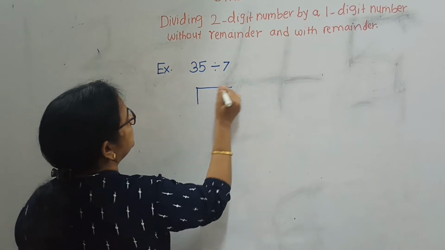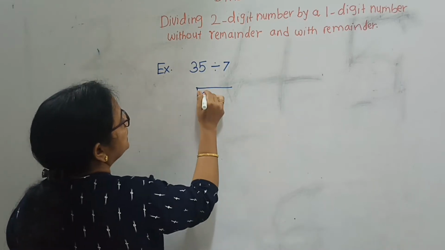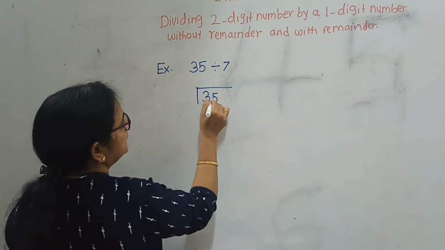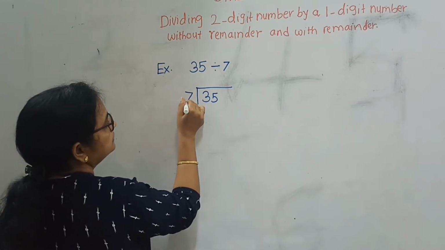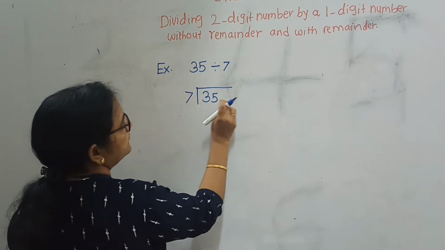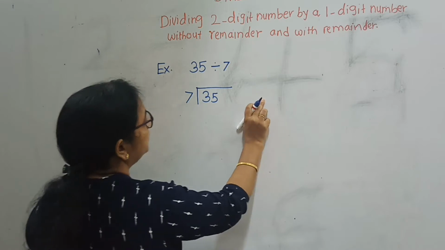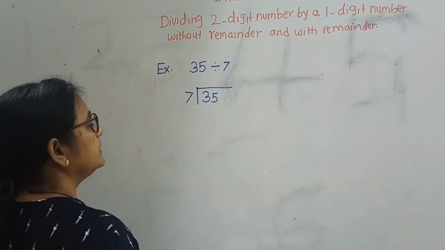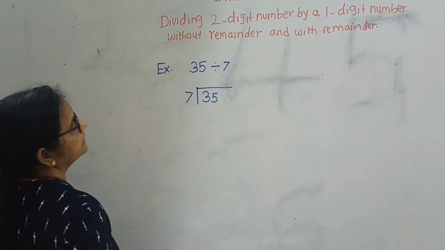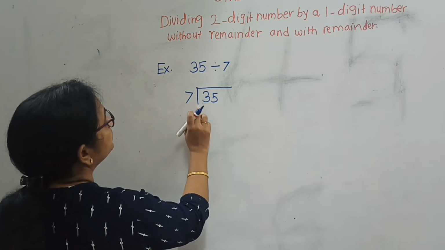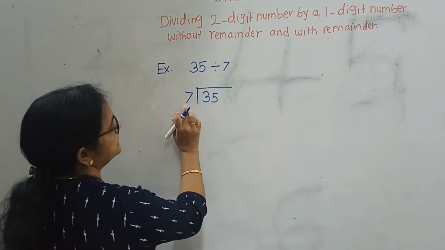First, write this dividend here. Then the divisor. Children, you know 35 is the dividend and 7 is the divisor. Now you have to recite the 7th table.